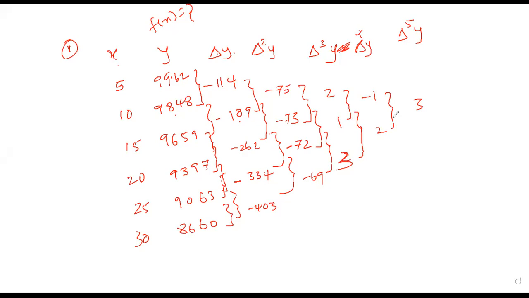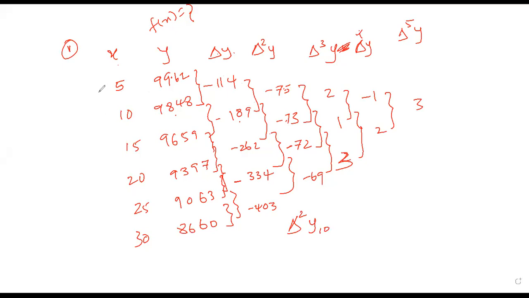So the question is, construct the forward difference table for the given data and then point out the values of delta squared y10. So we have to know which values for which things. Okay. So they are asking you to find delta squared y10, isn't it?